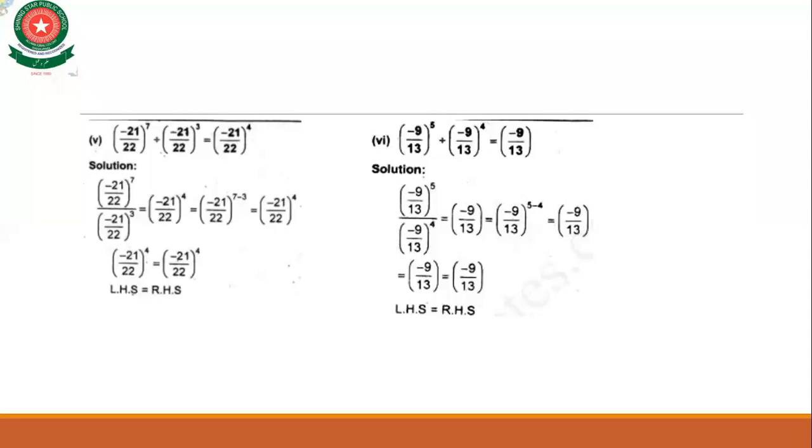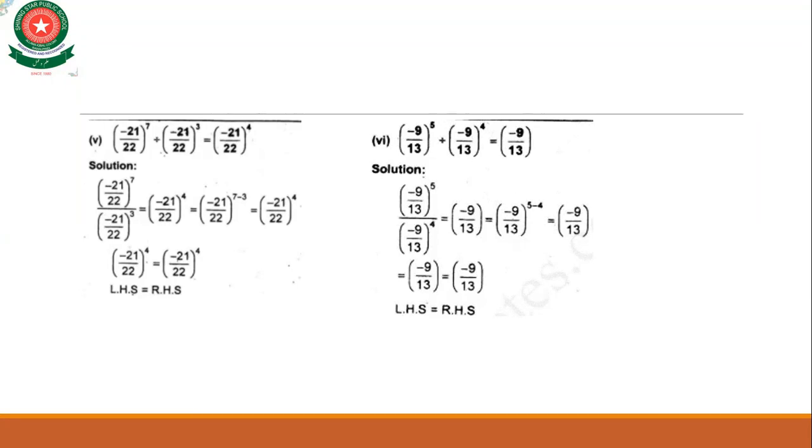So the solution is, first of all, we do the same as we have done in all the previous questions, that we convert them into fraction form. By doing this, we can write the equation as minus 9 by 13 power 5 over minus 9 by 13 power 4, which is equal to the right hand side of minus 9 by 13.